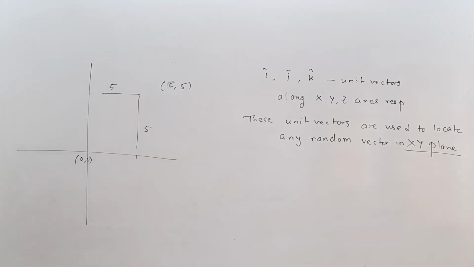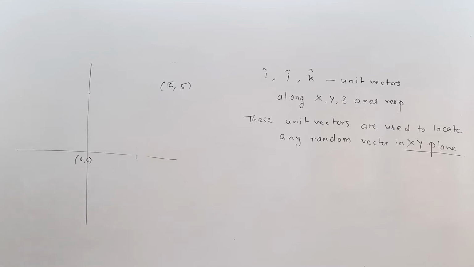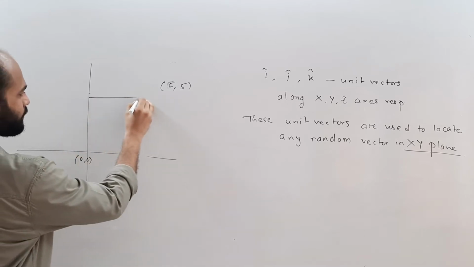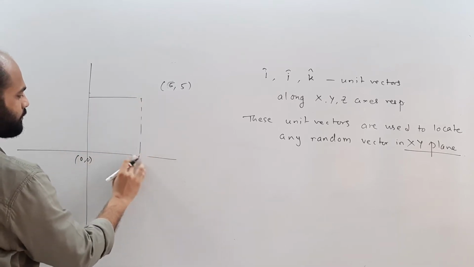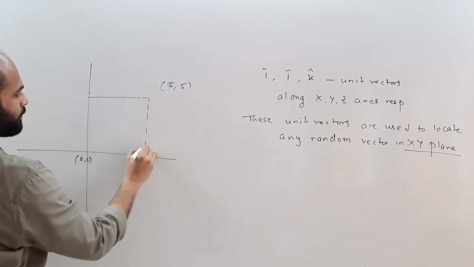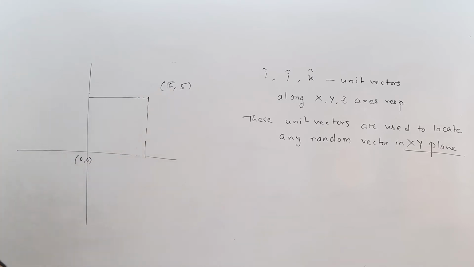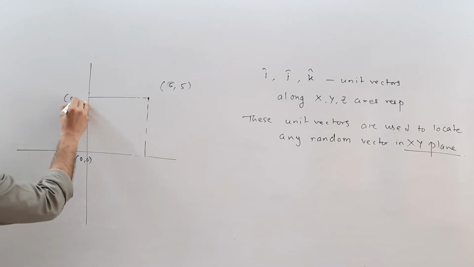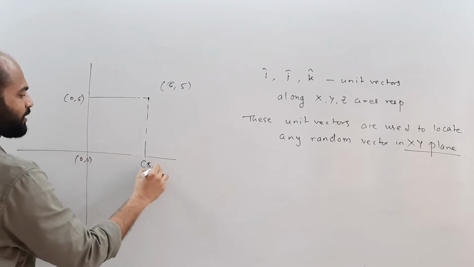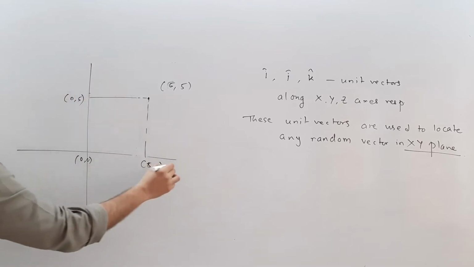It does not look symmetrical actually, so let me correct it. Let's take that this is that point 5 comma 5, which means that this point is 0 comma 5, this point is 5 comma 0.